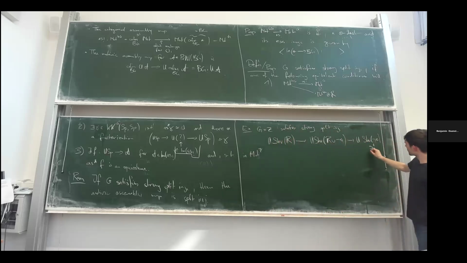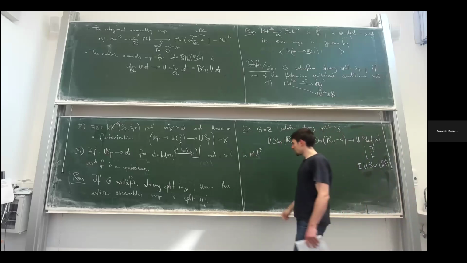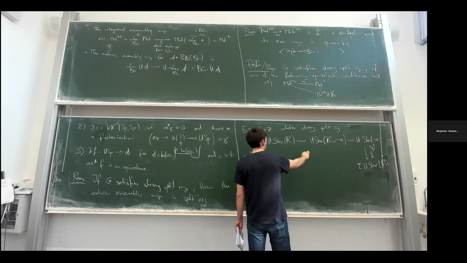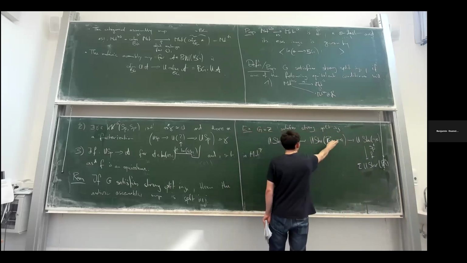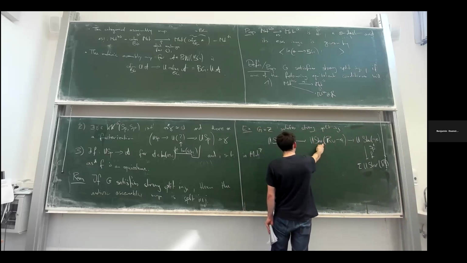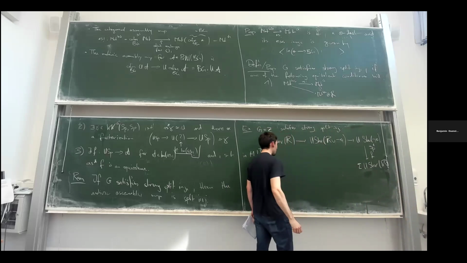Okay, and maybe let's also look at the boundary map here. And let's call this F. And now an observation due to Efimov is that the motive of this category vanishes after we apply IS upper star.